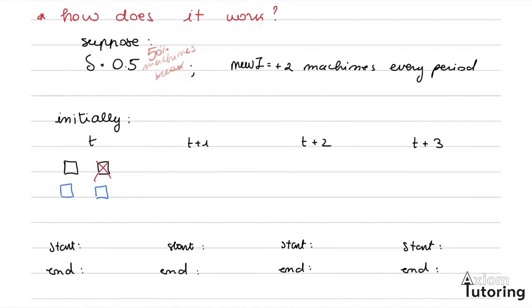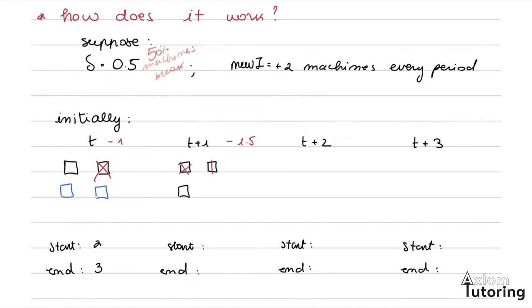So we start with 2 machines and end with 3 machines, meaning that in the next period, T plus 1, we're going to have 3 machines operating. However, in t+1, the same parameters apply, meaning that 50% of the machines are going to break down. So here we had -1, here we have a -1.5 machine.